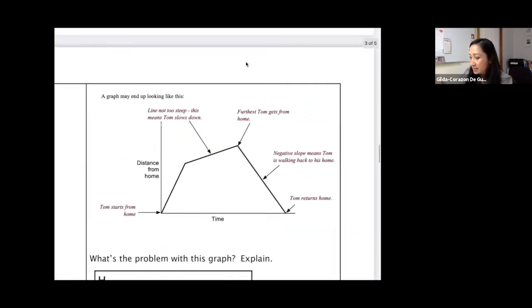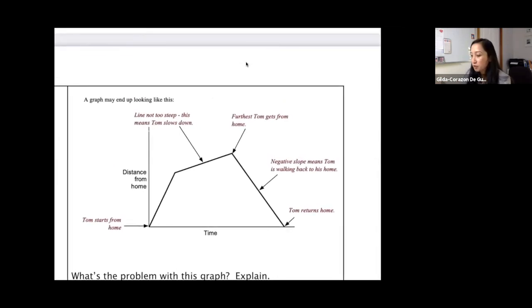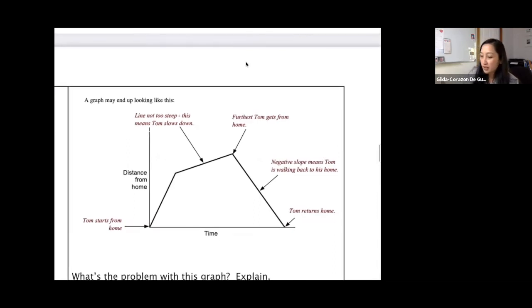Let's probably dissect each of the segments there. Some of you might not need this anymore, but we'll just have a look at what it says. It says a graph may end up looking like this. So Tom starts from home, right? So that's where you've got your corner there, right? And you would have their line is not too steep. This means Tom slows down.